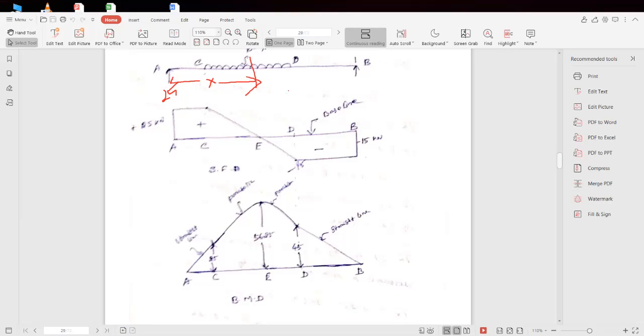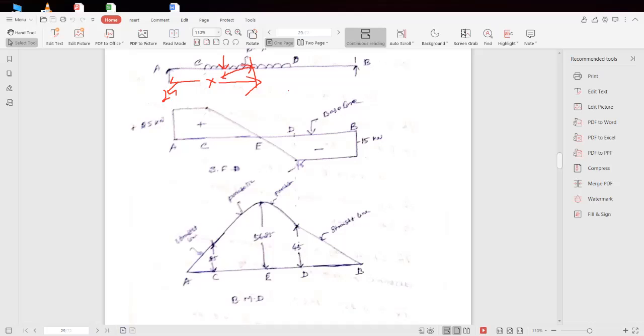So 25 into x, minus 10 into (x minus 1). Here the load acting is 10, the UDL. You can convert it to a point load of 10 into this distance (x minus 1). So 10 into (x minus 1), into again the distance, (x minus 1) divided by 2. So 10 into (x minus 1) into (x minus 1) divided by 2. So that is the bending moment equation.